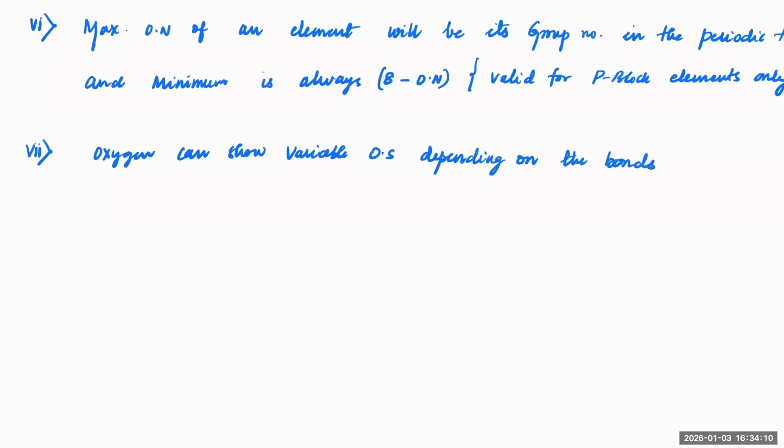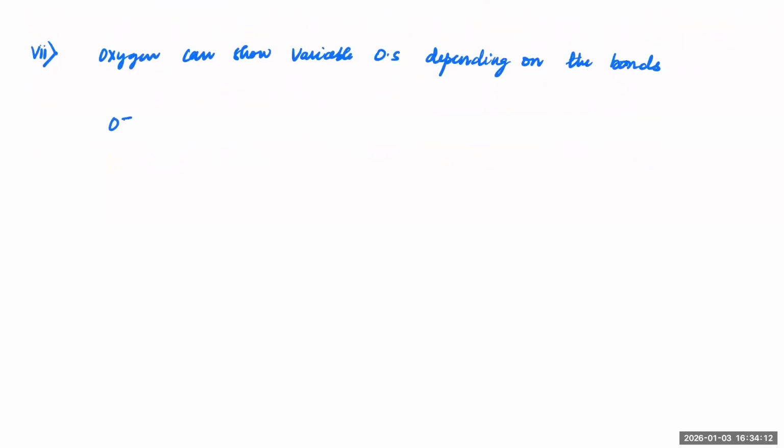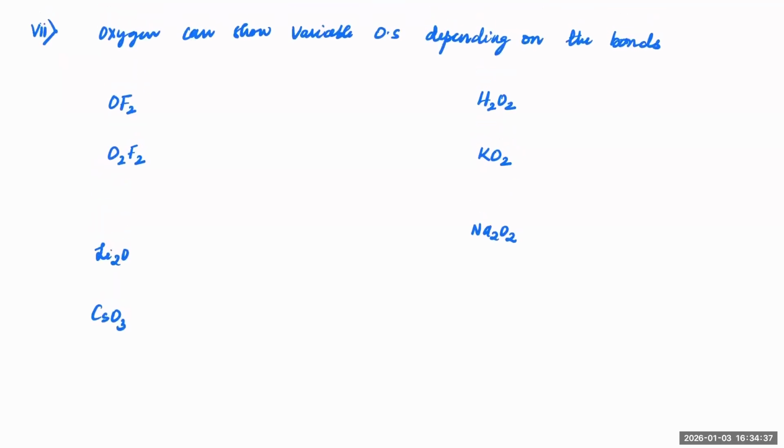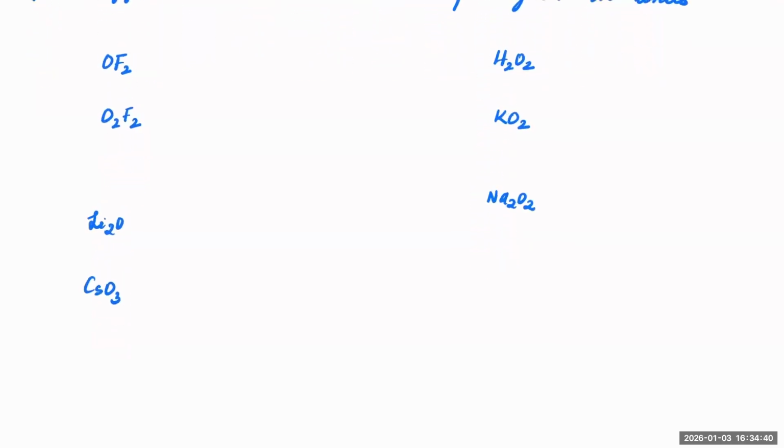For example, you have OF2, O2F2, H2O2, KO2, Li2O, Na2O2, and we can also have CsO3. All these are various forms of oxygen existence.